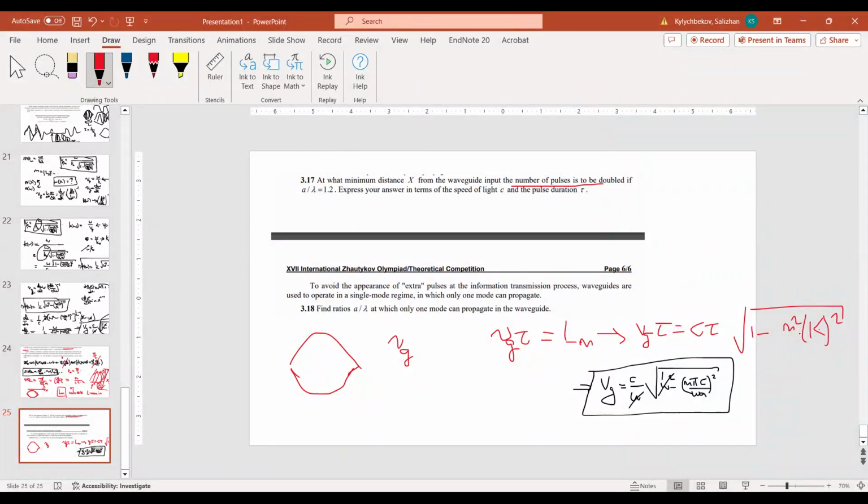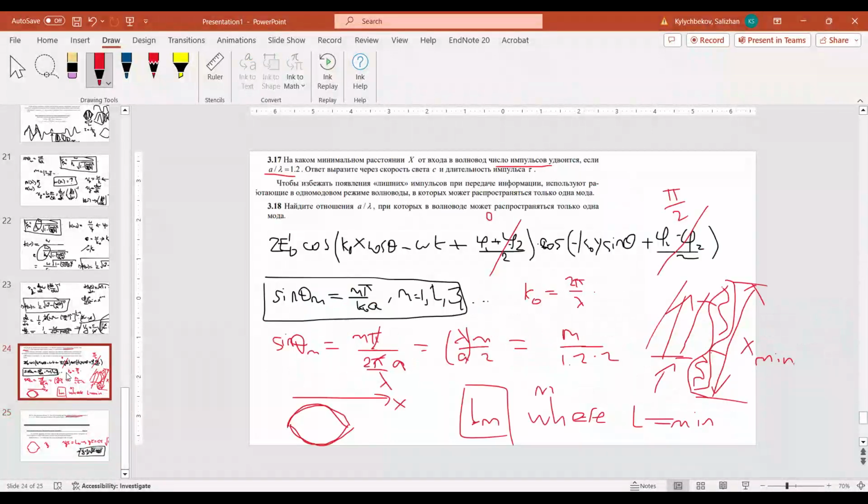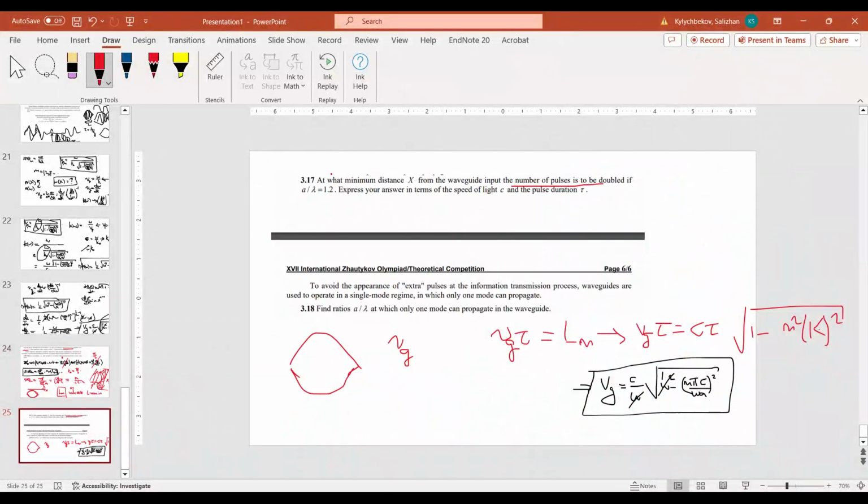Oh, that's interesting. Yeah, we have to fit m as the biggest one. At what minimum distance x from the waveguide? Impulse duration tau.